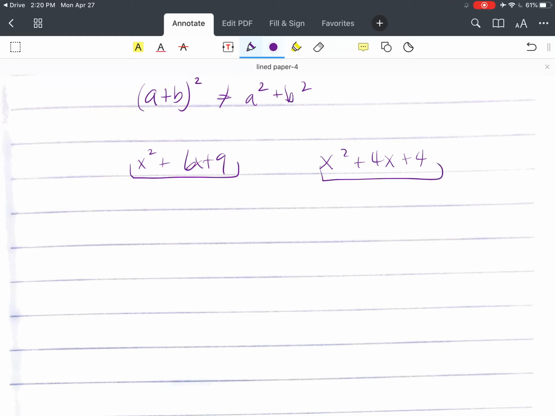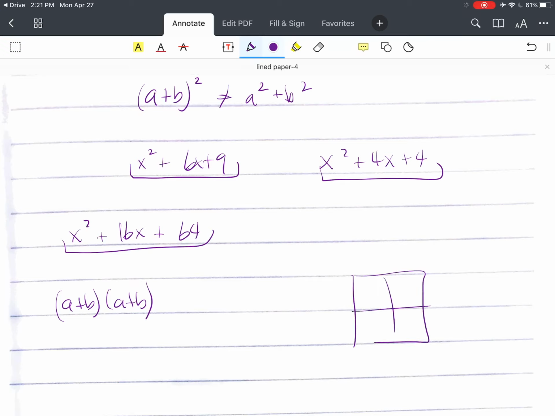There's a special property about this, or something like x squared plus 4x plus 4, or x squared plus 16x plus 64. All of these are special, and I'll show you why. But first, let's look at (a plus b) squared and why it's not equal to a squared plus b squared.